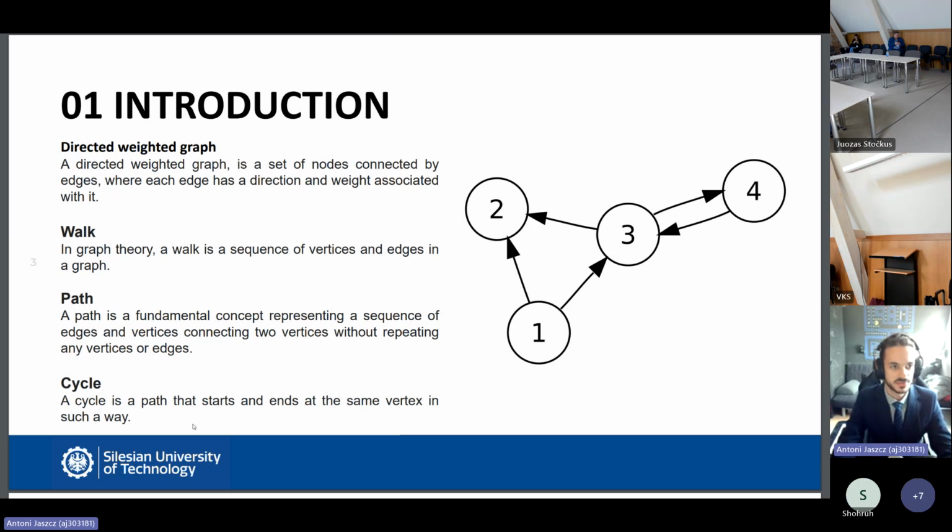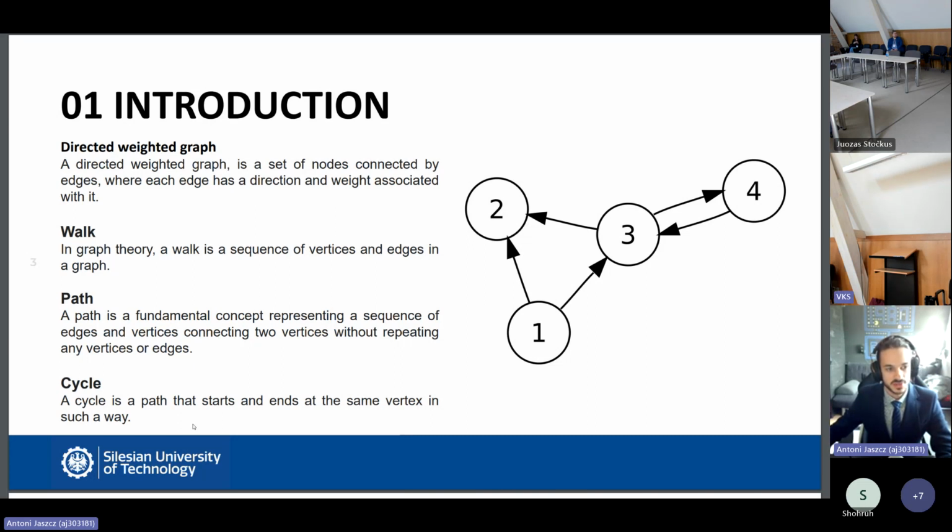And when we have a directed weighted graph, we consider a graph where each edge has a weight assigned to it, as well as the direction. So we can, for example, traverse only one way through the edge. When we talk about a walk in a graph, we talk about a sequence of connected vertices which we can traverse through.